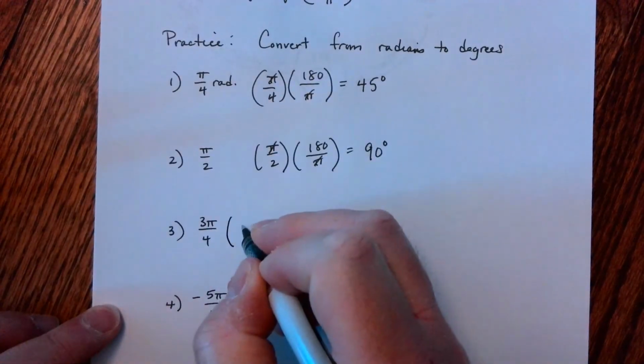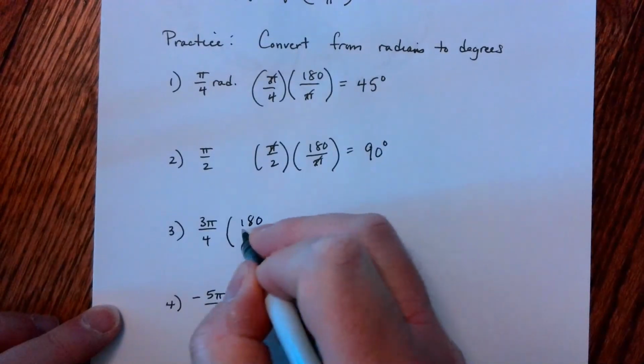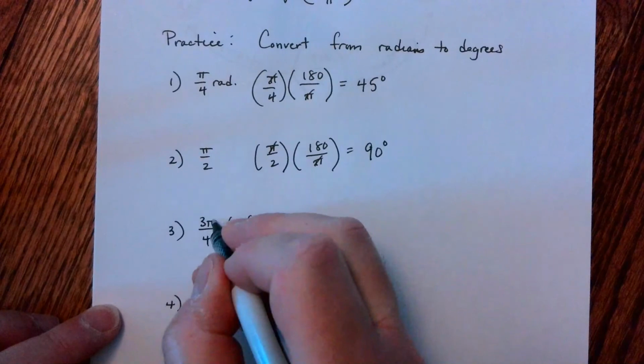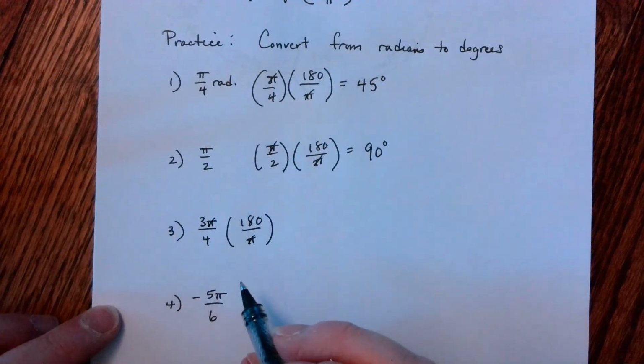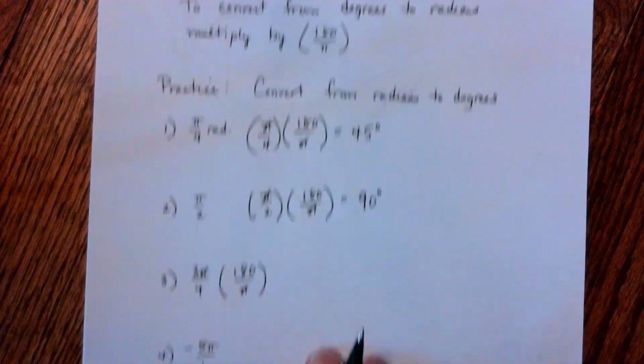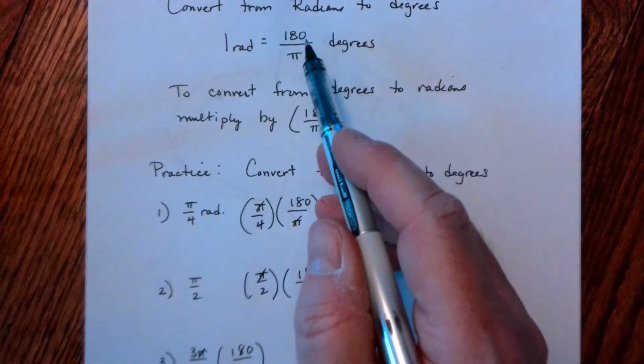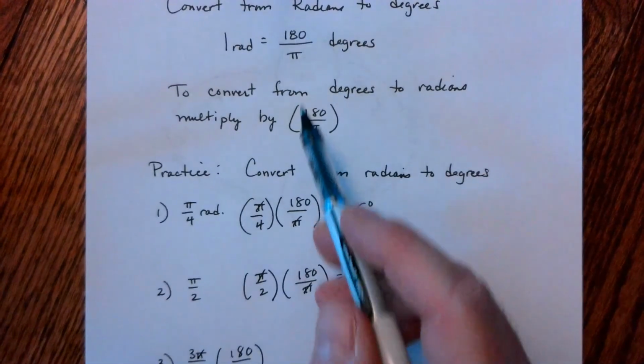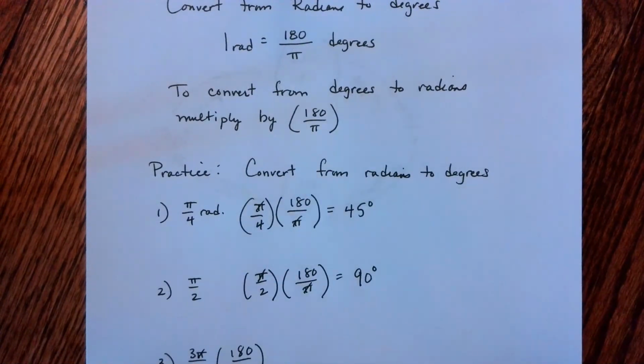So I'm going to simply put, again, we're converting from radians to degrees. And once again, my pi's will reduce. That's very important. If you get confused about which way to go, when we're going to radians, it's pi over 180. When you're going to degrees, it's 180 over pi. That can get very confusing. So I'm trying to give you little pieces that will help you.